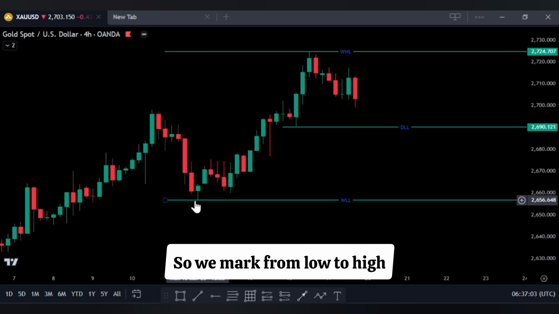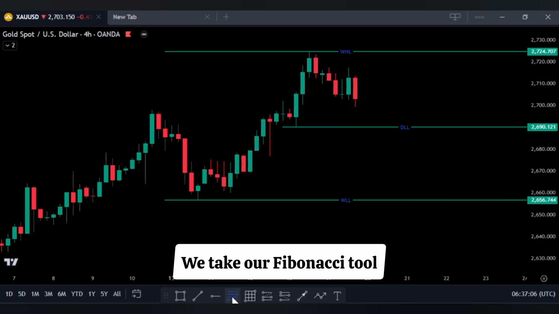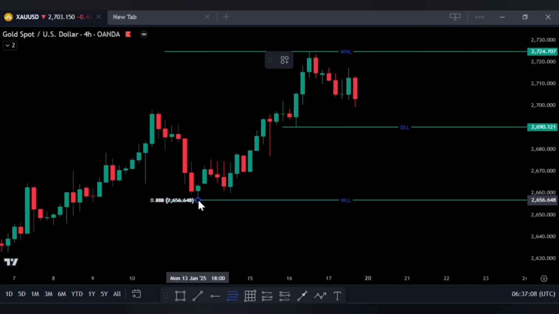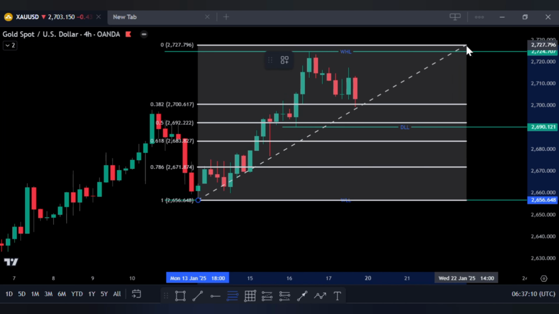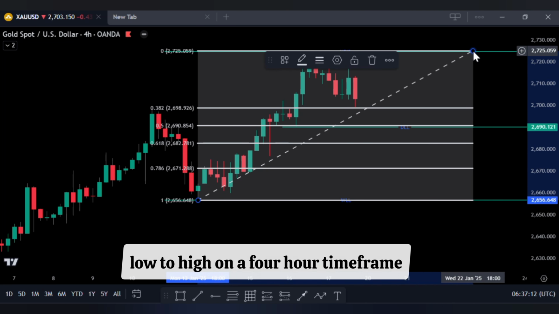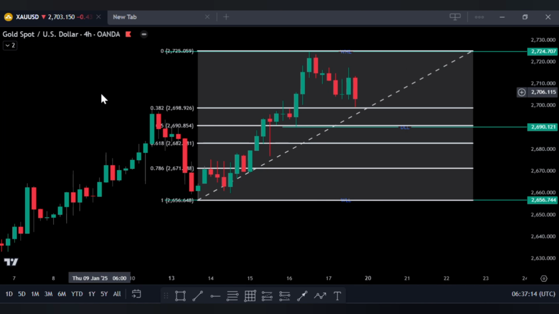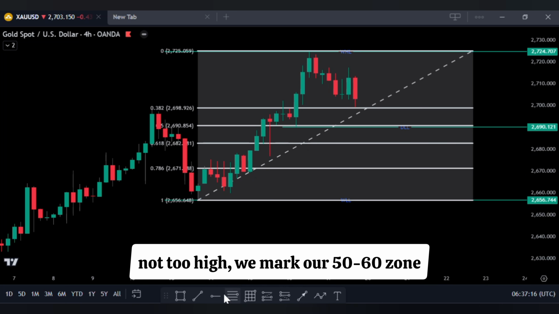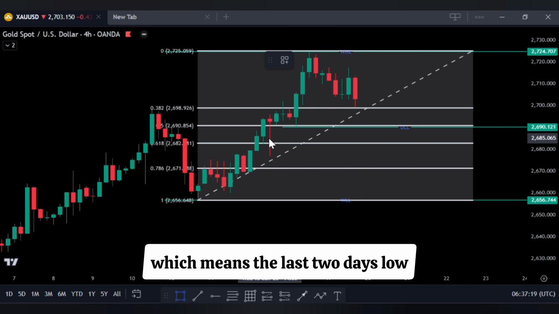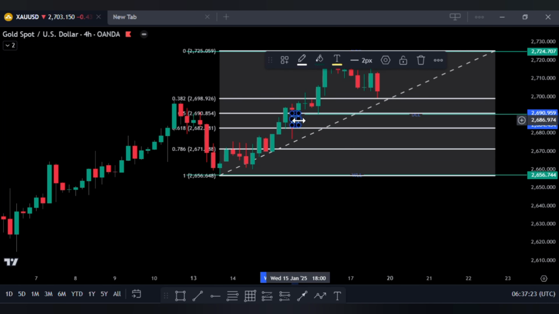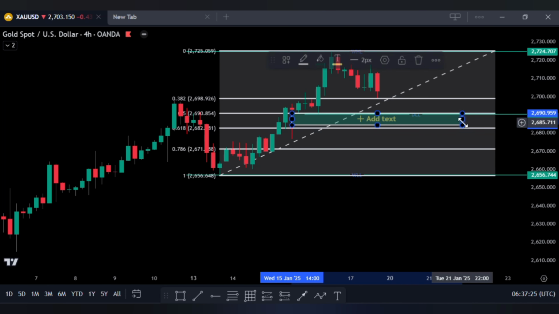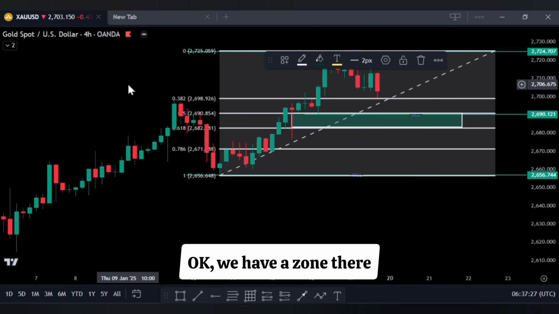So we mark from low to high. We take our Fibonacci tool, low to high on a 4-hour time frame. We mark our 50, 60 zone, which means the last 2 days low will be grabbed. Okay, we have a zone there.